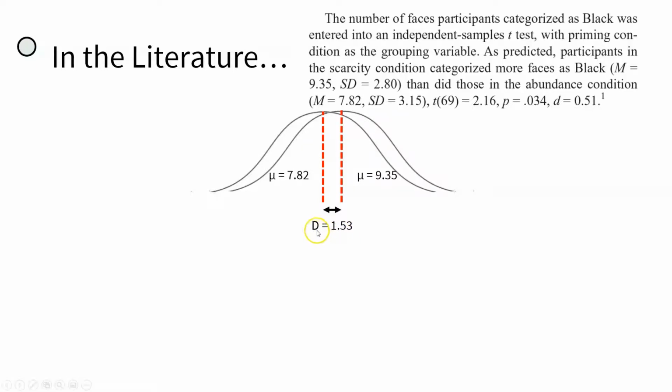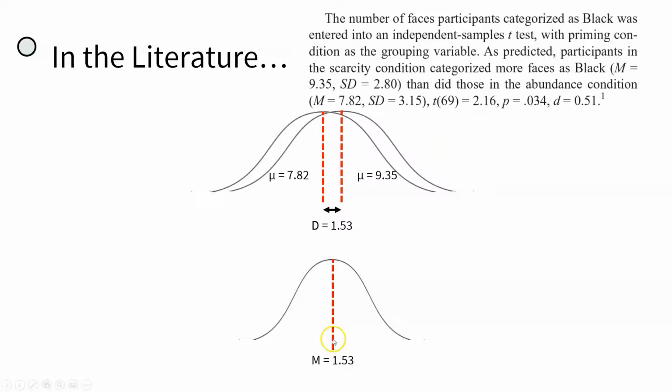And if we were to plot an entire distribution of all of the different scores between different samples from these two populations, we would find, if this was a real difference in the population, that the mean difference for all of the different samples drawn from the one population versus the other would be about 1.53.